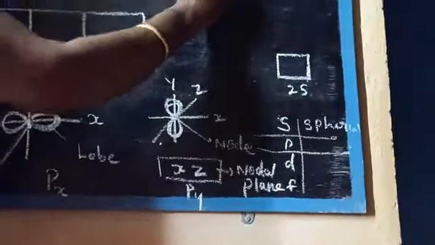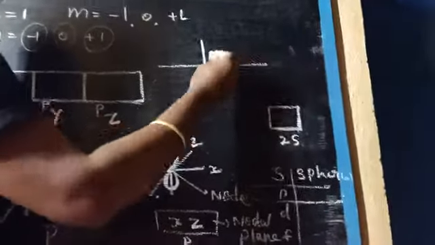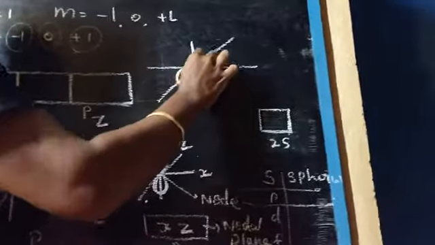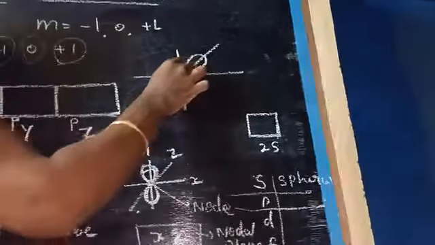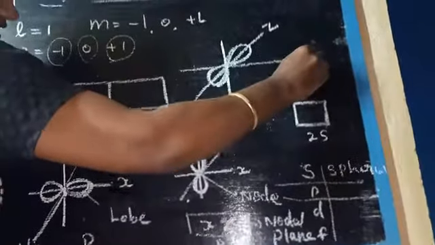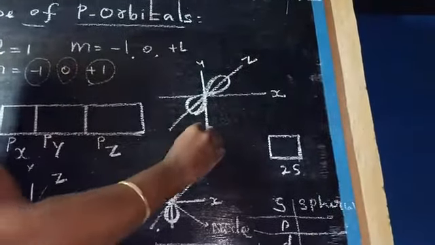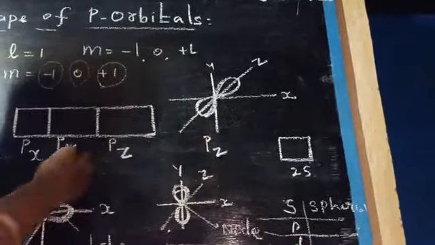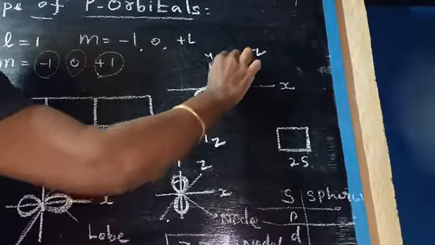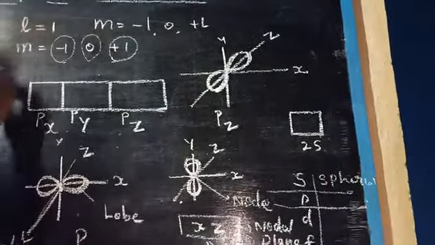In pz, here the electron is present along the z-axis. This is the z-axis, then the x-axis and y-axis. So this represents pz. The electron is present here. This is called a dumbbell shape.